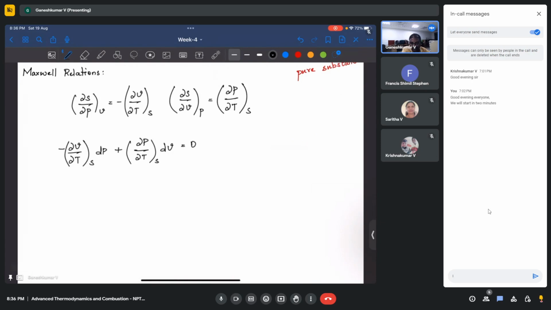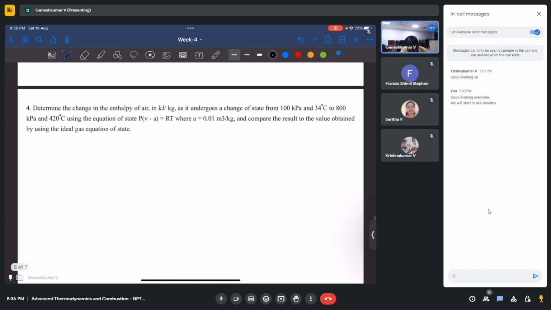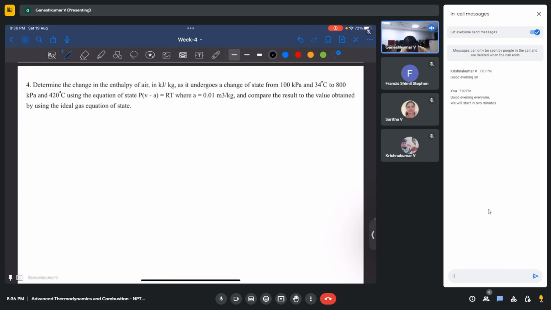And one more thing is these relations would be helpful since they relate internal energy, enthalpy, and entropy to pressure, temperature, and volume. So if you have pressure, temperature, and volume, you can easily map it back to a change in internal energy, change in enthalpy, and change in entropy. The next problem is going to be related to that. Say you need to find the change in enthalpy of air for a different equation of state.